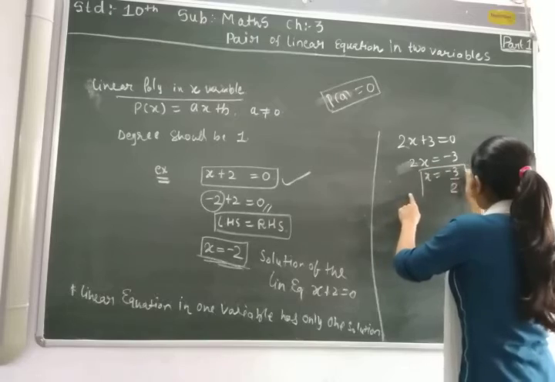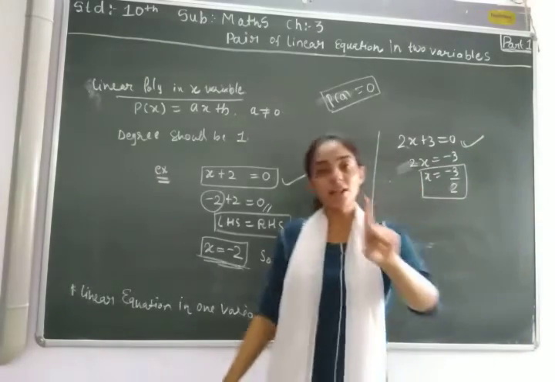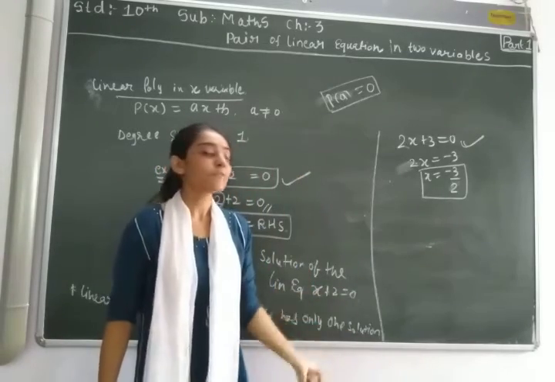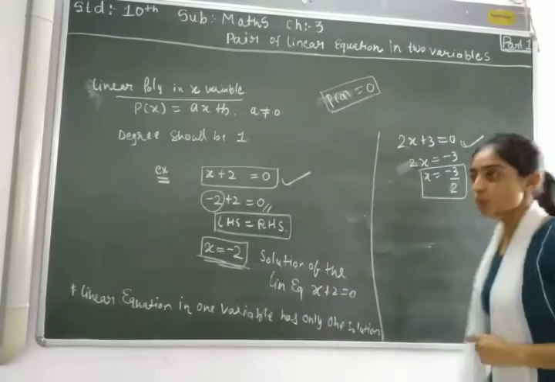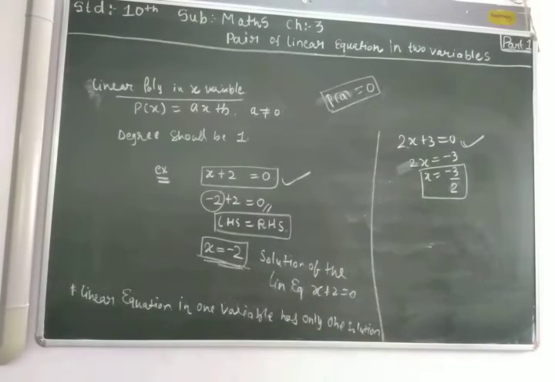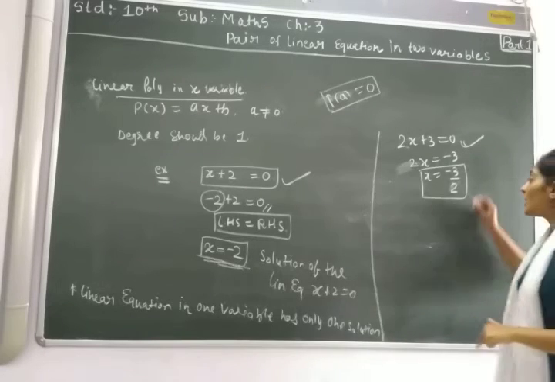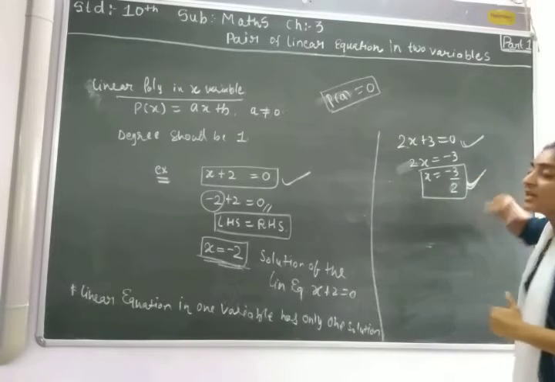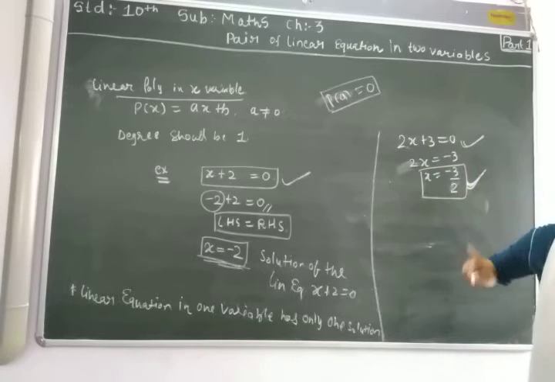So for this equation, there is only one value of x which satisfies my equation 2x plus 3 equals 0. What is that value? x equals -3 by 2. Why am I saying satisfied?